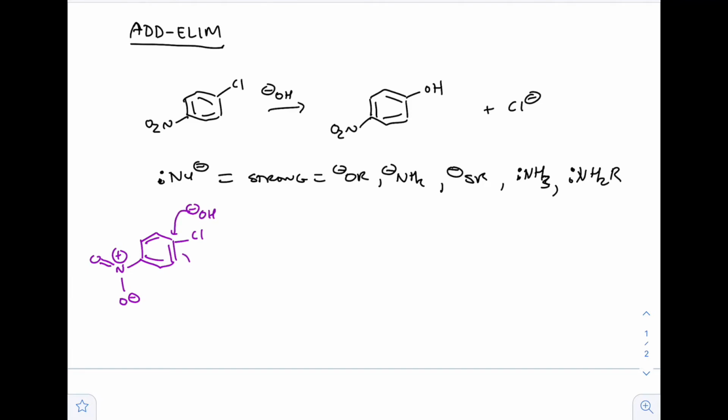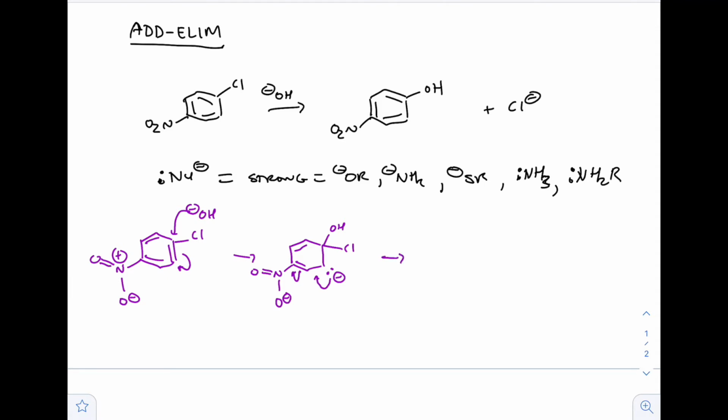So let's say we have the nucleophile attack that position with the chlorine on there, our leaving group, right? And we have this tetrahedral intermediate with the negative charge on the benzene ring, of course. Now, what we can do is draw a resonance structure, and that actually helps us explain why we need it at the ortho or the para position.